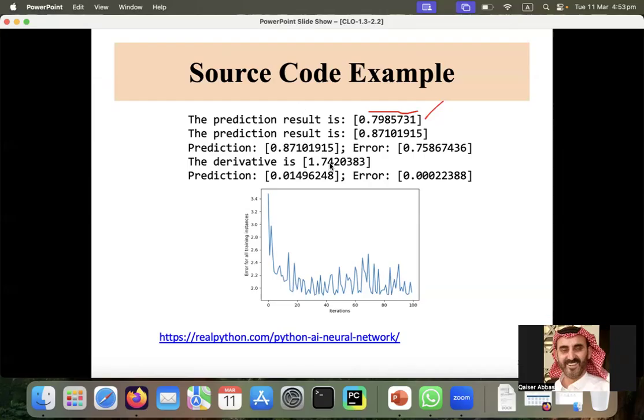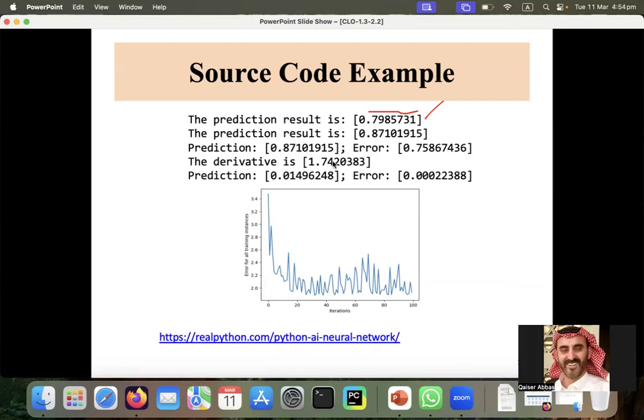But this 1.74 is a hint to reduce it close to 0. If you have a negative value, like minus 1.70, then you have to increase it close to 0. But this is a positive value, so you have to reduce it close to 0. If it is a negative value, you again move it close to 0, which means you have to increase it. Anyhow, this is how you are calculating the derivative.